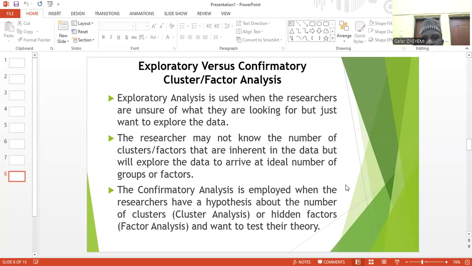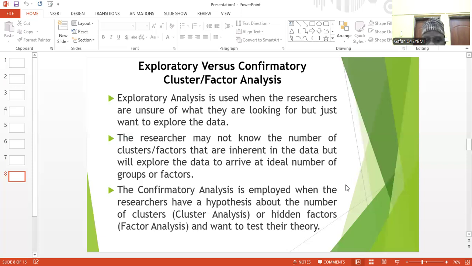So the researcher may not know the number of clusters or factors, just as we have in the pictorial display earlier. So we keep on exploring the data to arrive at an ideal number of groups or factors that will be meaningful or interpretable, or that will help in further analysis or investigation.